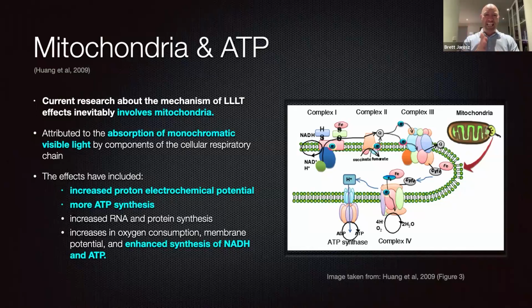We know certain colors are absorbed in the complexes within the mitochondria better, or the colors have a better effect on certain complexes. So the color of light influencing complex 1, 2, 3, 4, and the end result is better functioning mitochondria, better production of ATP. All right, so take-home message: absorption of a single color of light and better production of ATP.